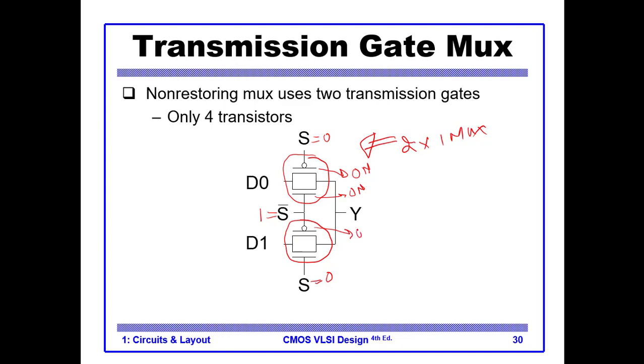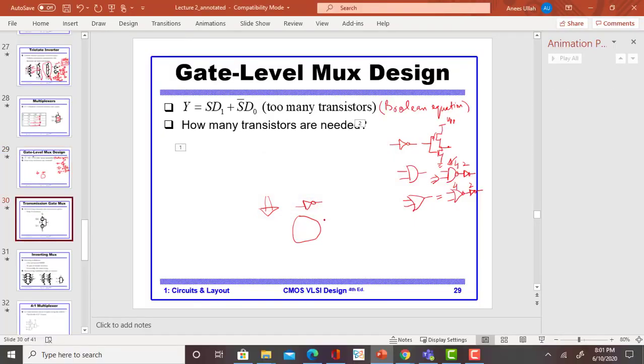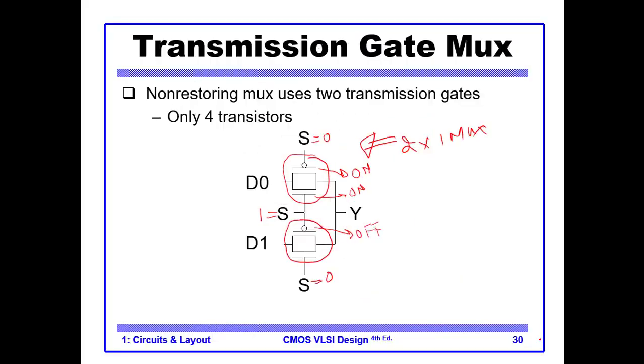This transistor is off, and this transistor and this transistor are also off. In which case, what will happen? Y will be equal to D0. This is according to the mux functionality.